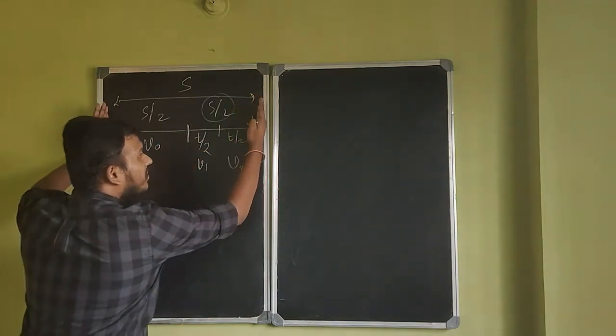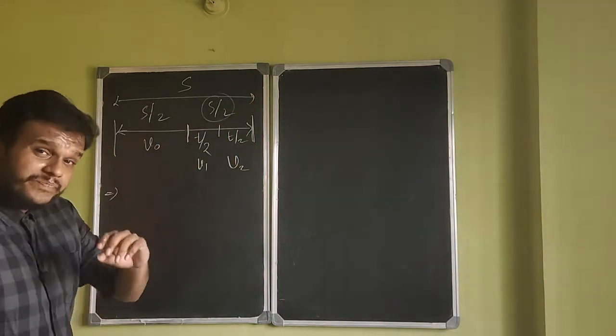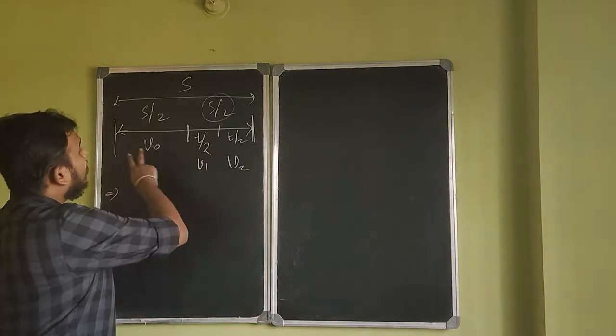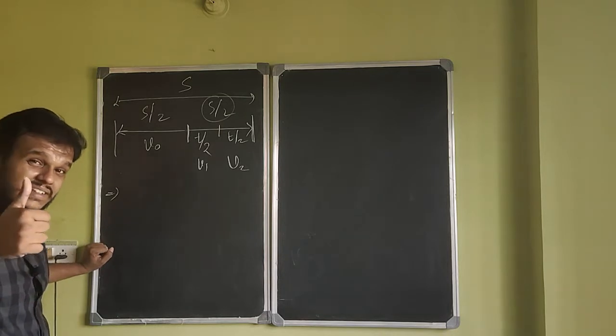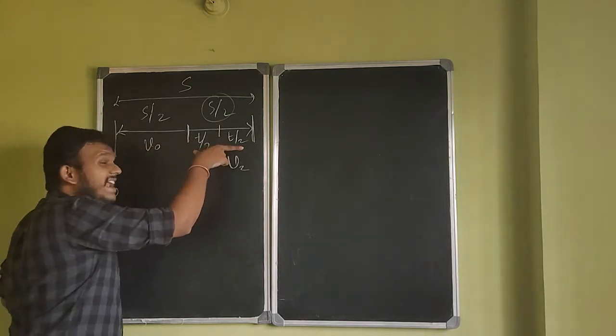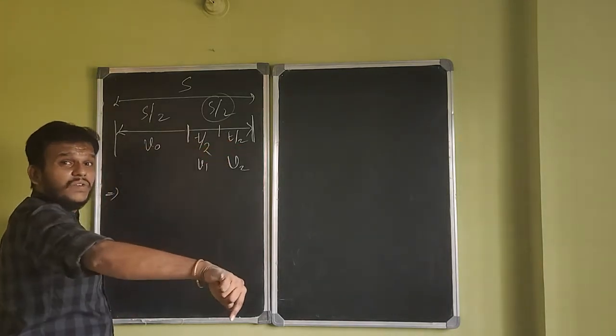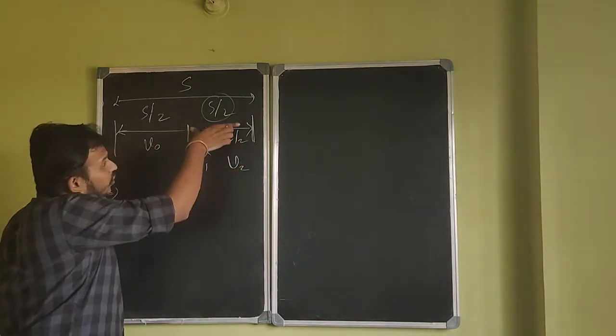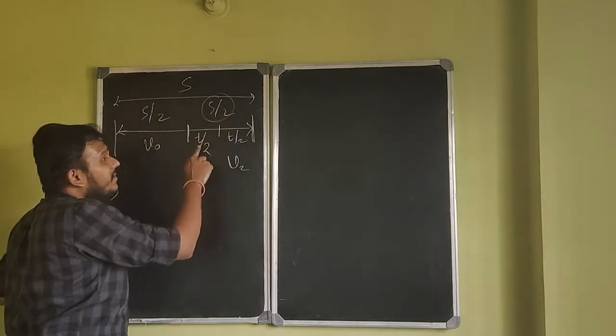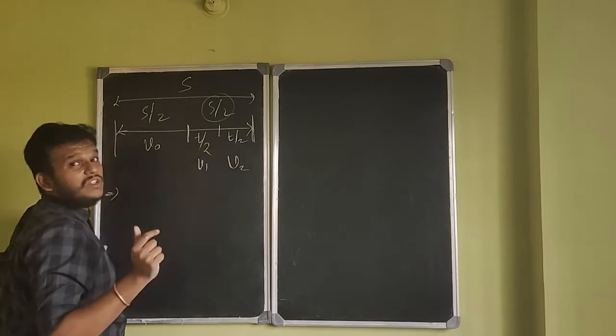The entire problem can be put into that category where the total displacement is divided in two equal half displacements. But the second half of the displacement in itself can be put into the other category. What's the other category? Where the total displacement is divided in two equal intervals of times.